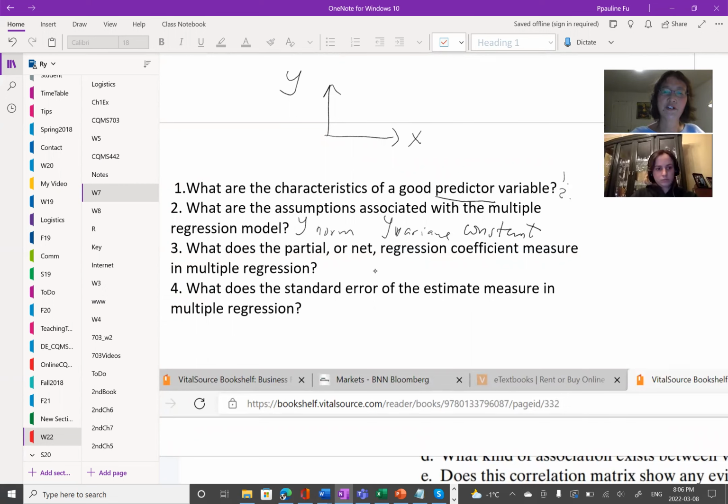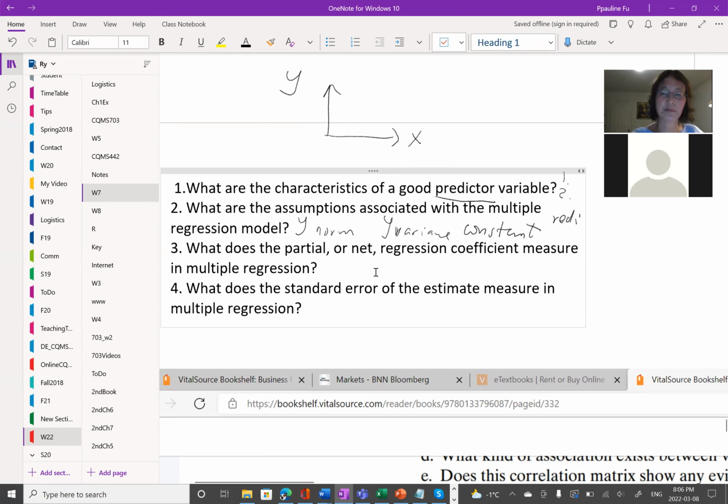The residuals are independent. And also it has a linear relationship. x and y have a linear relationship. So those are the assumptions of multiple regression.